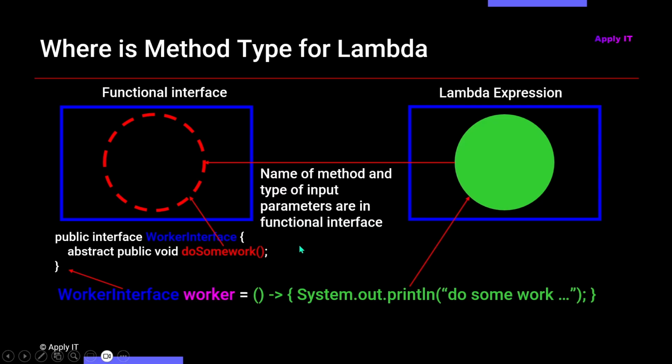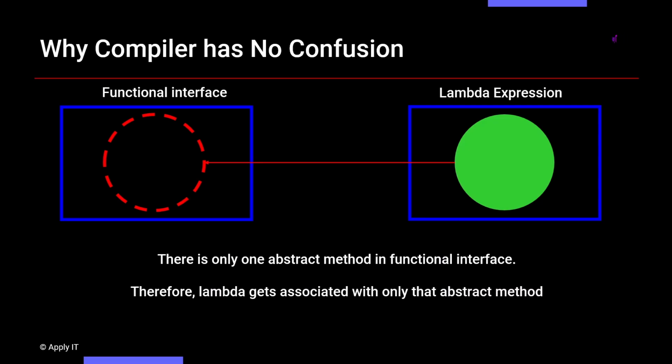So whenever we do this kind of assignment, the compiler has no confusion about which method of the functional interface this lambda expression is associated with, because a functional interface has to have only one abstract method. So the conclusion is, the data type of a lambda expression is a functional interface.